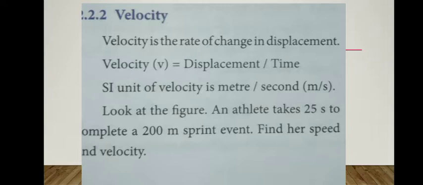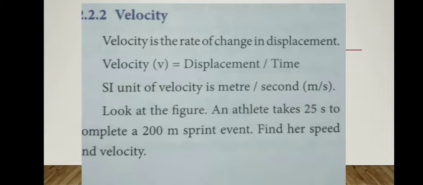In SI units, displacement is in meters and time is in seconds, so the unit is meters per second. Both speed and velocity have the same unit.